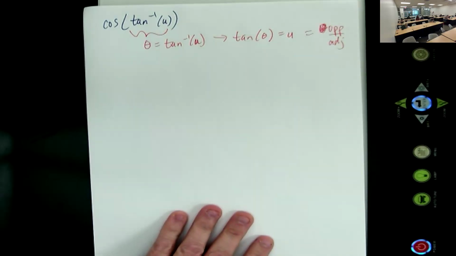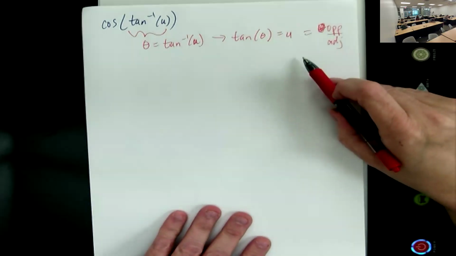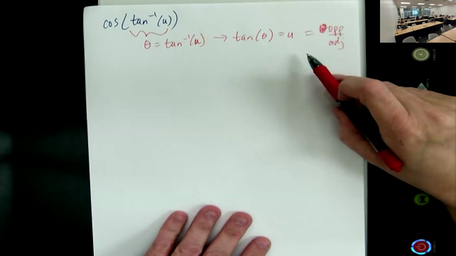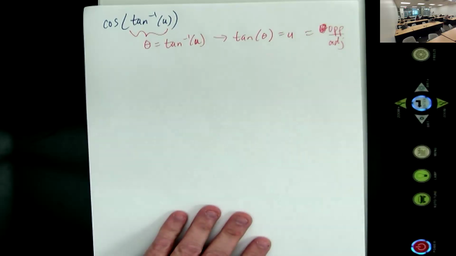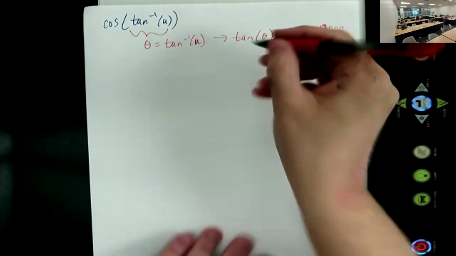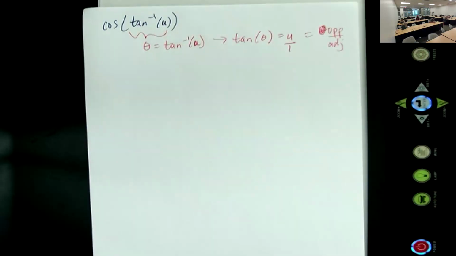So what do I gotta use here? Do I have a fraction? Yeah, I just have u, and I make a fraction. How can I turn a whole number into a fraction without changing its value? It's over 1, yeah. We'll use over 1.